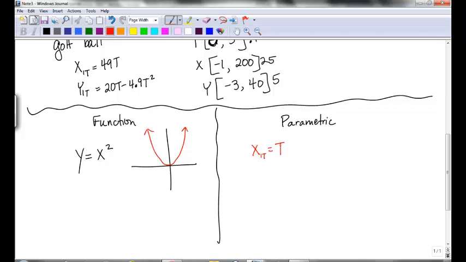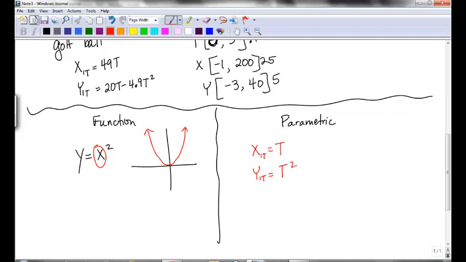If I substitute t in, my y is going to be t squared. So in parametric mode, clear those two equations out. In x sub 1t, put in t. In y sub 1t, put in t squared.